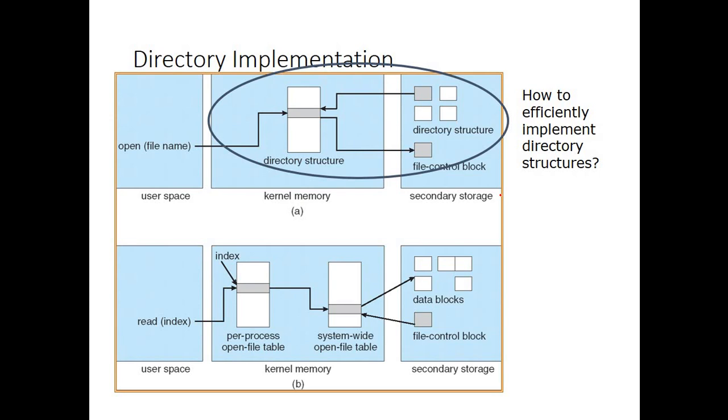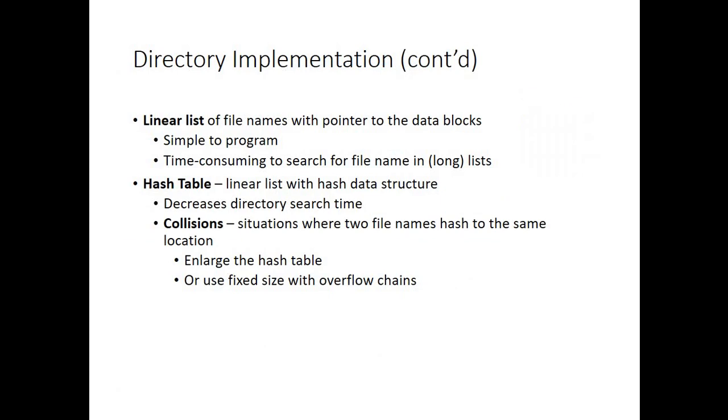How is the directory structure implemented? The directory structure is implemented by using two different methods. One is the linear list, another one is the hash table implementation.